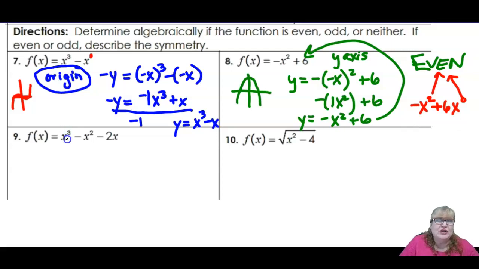This one, if I look at the exponents, I have odd, even, odd. I'm thinking this might be none, which means we probably need to test them all to show that it's none.